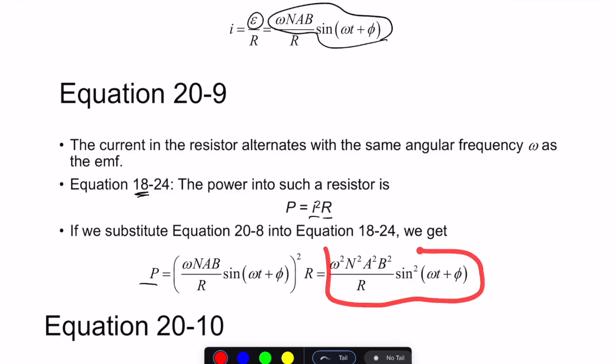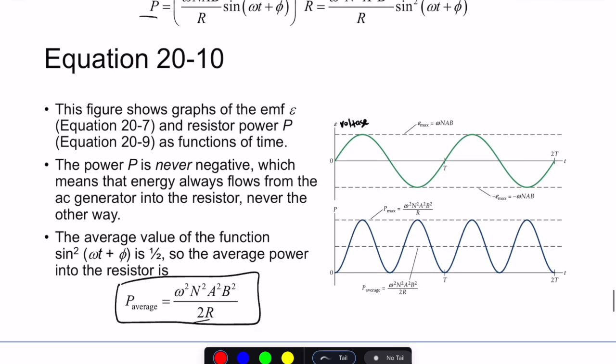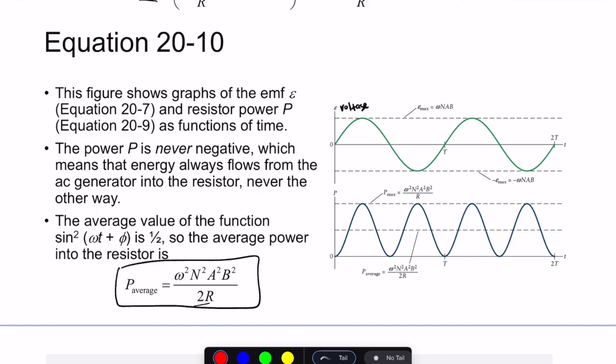And you can see why everything's squared, because this power is obtained by squaring the current and multiplying it by the resistance of the object that the current is powering. So just as a summary, right? The voltage produced by an AC generator is of course going to vary from positive to negative because it's a function of sine.